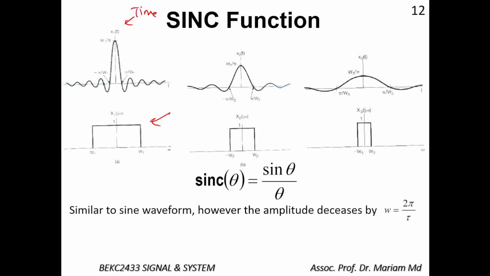If the sinc is a small value, you have pi over omega here, so you have a larger rectangular period. Then the pi over T here and pi over omega here give a smaller rectangular. This is just an explanation of the width of the sinc and the rectangular corresponding to the T value.